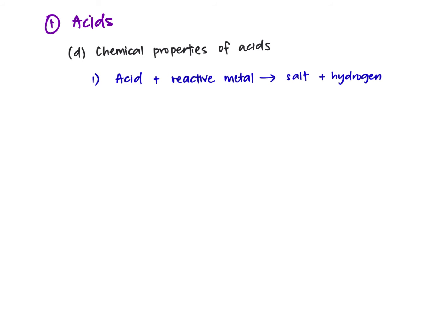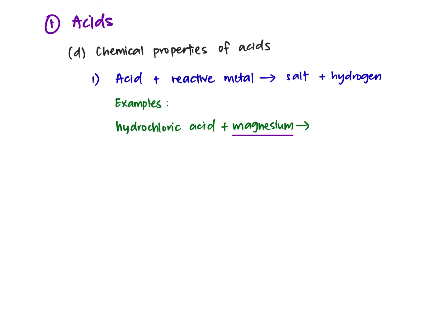Next, we look at the chemical properties of acid. The first one is when acid react with reactive metals to give salt and hydrogen. Please memorize this general equation. Give you an example here. Hydrochloric acid reacting with magnesium metal.